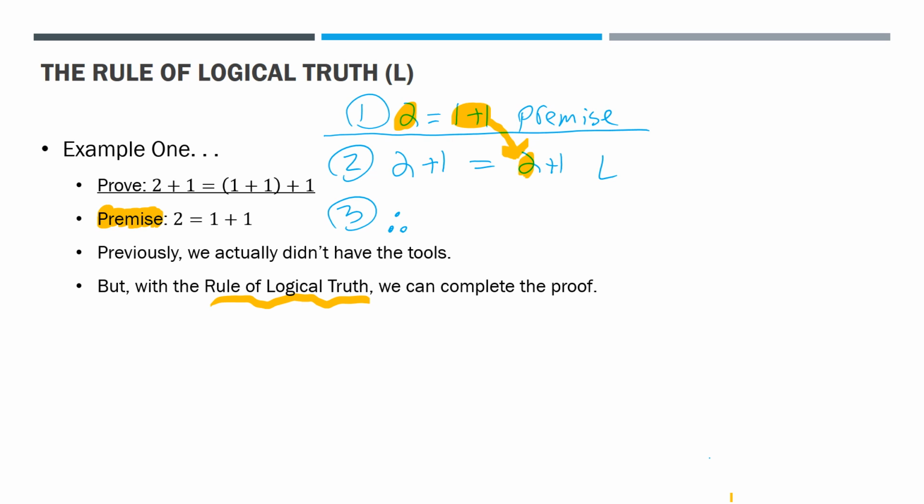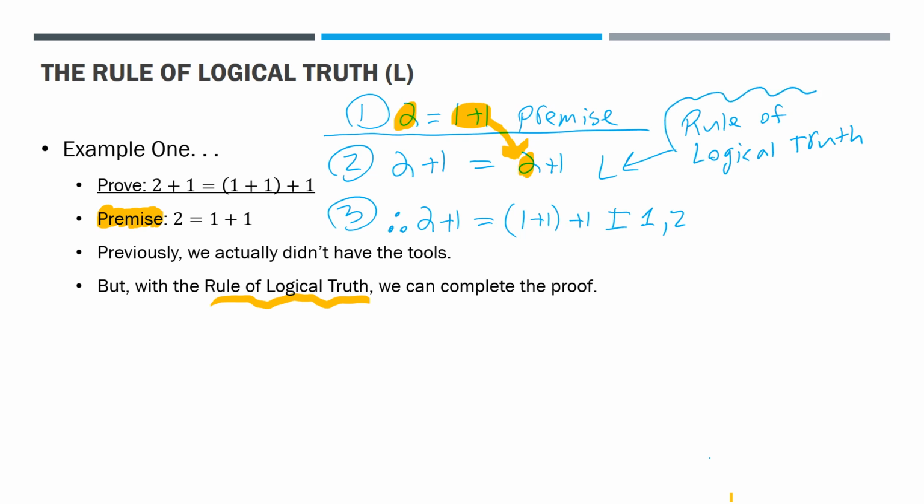So for line 3, we can say, therefore, it follows that 2 plus 1 is equal to 1 plus 1 plus 1 by the rule of identity based on lines 1 and 2. Note that for line 2, we use the rule of logical truth, and for line 3, we use the rule of identity.